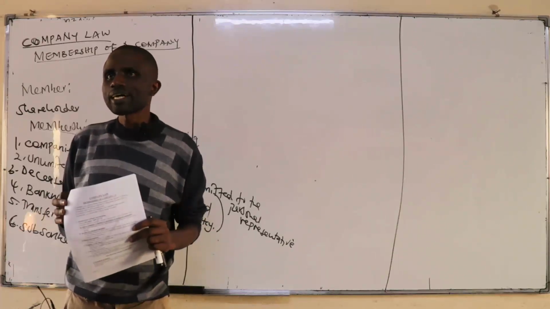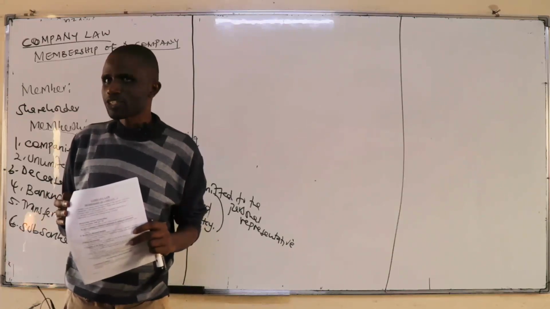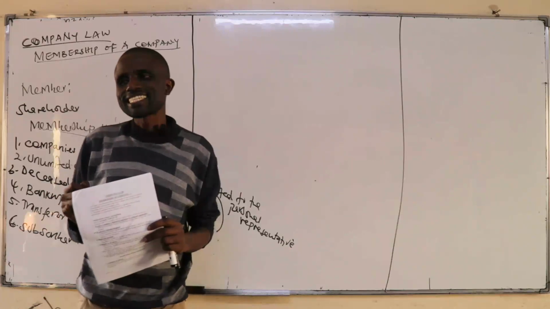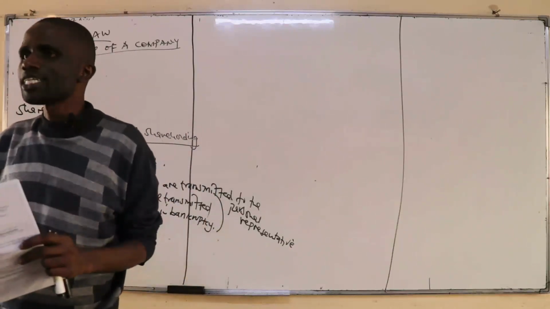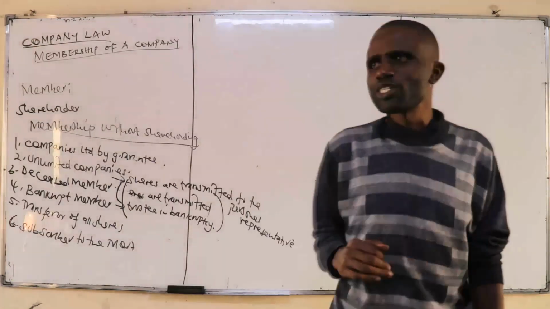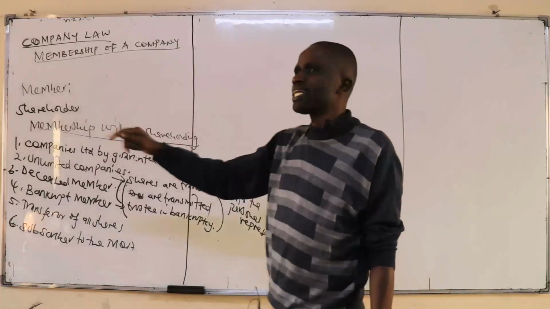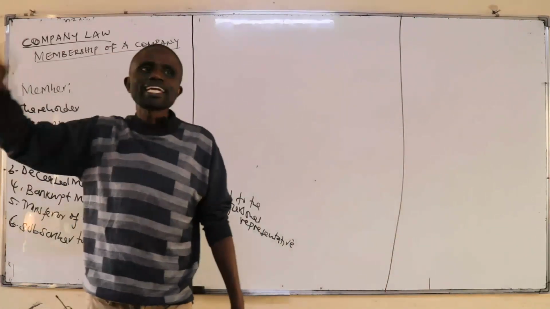And then the third one, was that among the conditions? What I know is that it does not have a share capital. And then the certificate of incorporation indicates the members' liability is limited by guarantee. Isn't it? Members' liability is limited by the amount they have guaranteed the company.